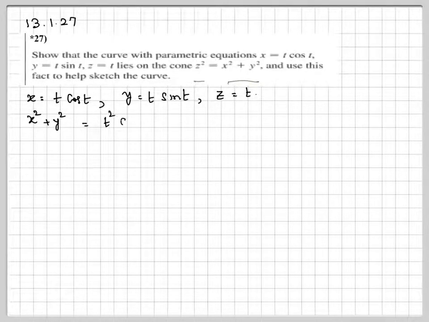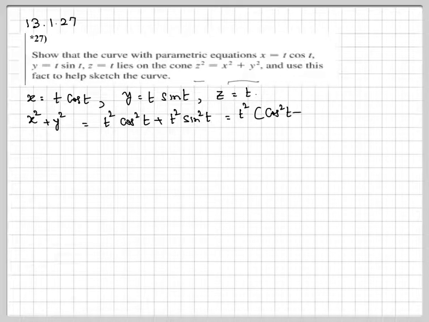It is t squared cosine squared t plus t squared sine squared t. We can take the t squared common factor. Inside the parenthesis it is cosine squared t plus sine squared t, which by Pythagorean identity equals 1. So we get t squared times 1, which is t squared.